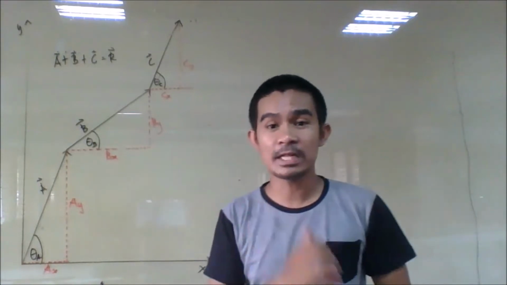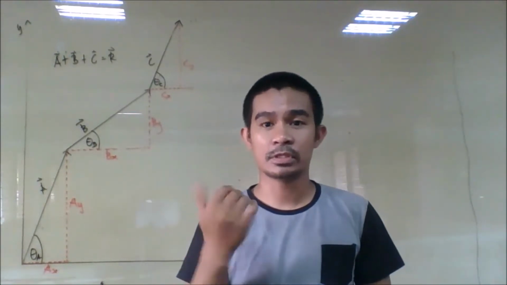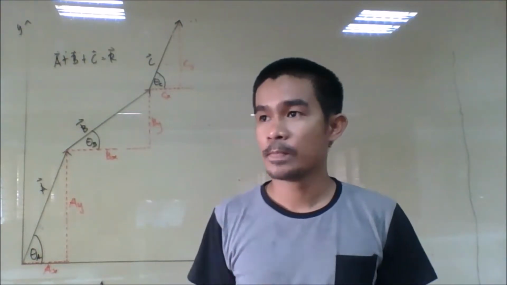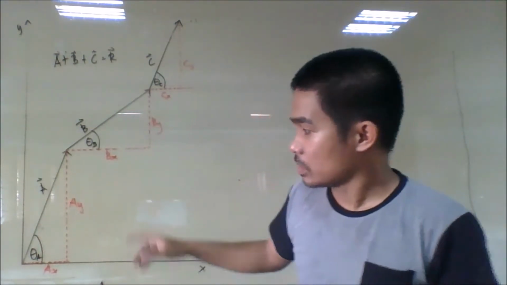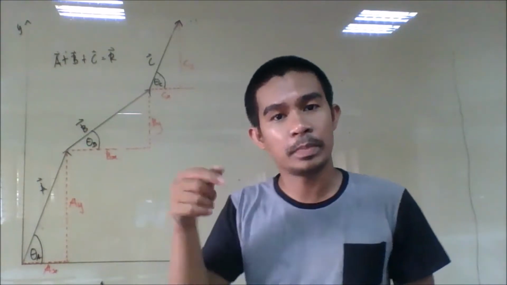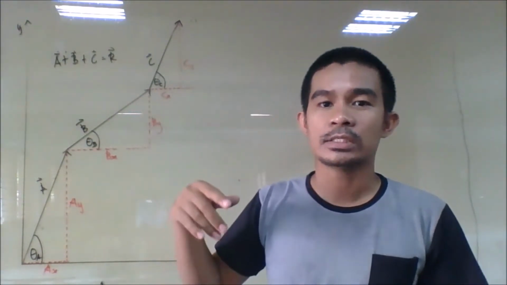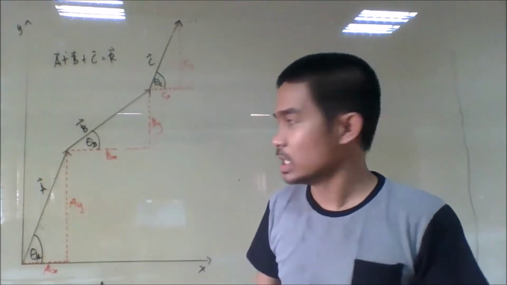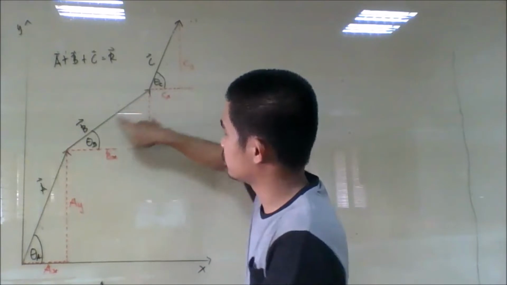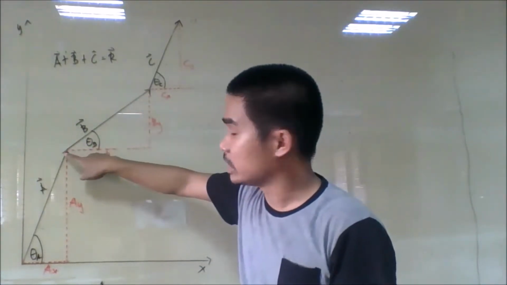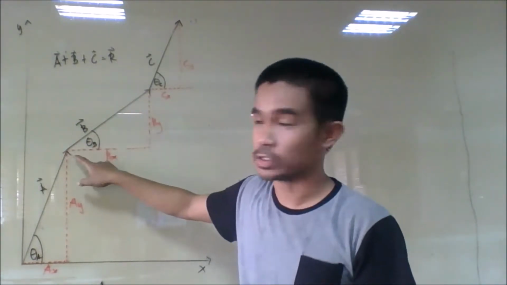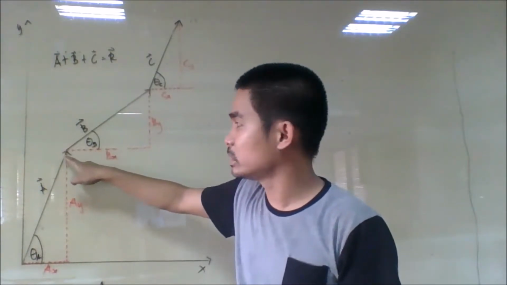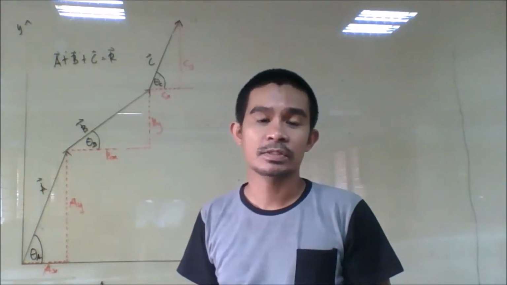In the graphical method of determining the sum and the difference of vectors, we need to place the tail of the succeeding vector at the head of the preceding vector. This is the tail of the first vector, the tail of the second vector, and this is the head of the first vector. So I place the tail of the succeeding vector at the head of the preceding vector.